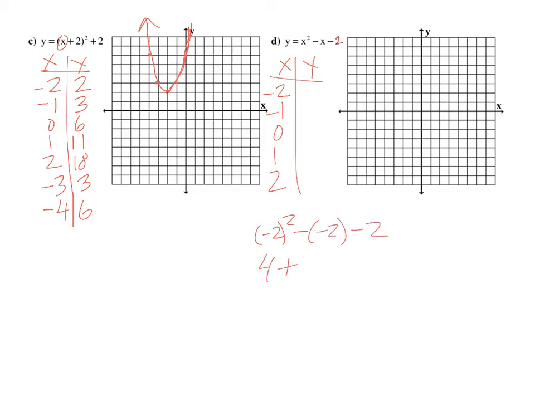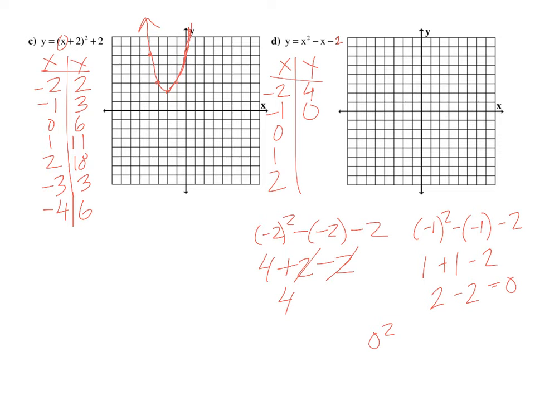So 4 plus 2 minus 2, those cancel out. I'm left with 4. Let's do the same thing with negative 1. Negative 1 squared minus negative 1 minus 2. You got to be really careful with the negatives here, because these can really goof you up. So I end up with 0.